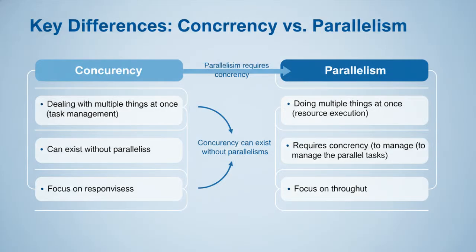It inherently requires multiple processing units, be it multiple CPU cores, different machines, or even threads within a GPU. Its primary goal is to achieve faster execution and higher throughput. While parallelism implies concurrency, concurrency does not necessarily imply parallelism. You can have concurrent tasks on a single core, but you cannot have parallel execution on a single core.